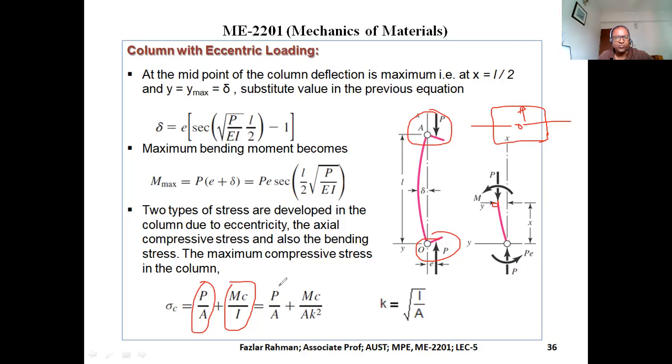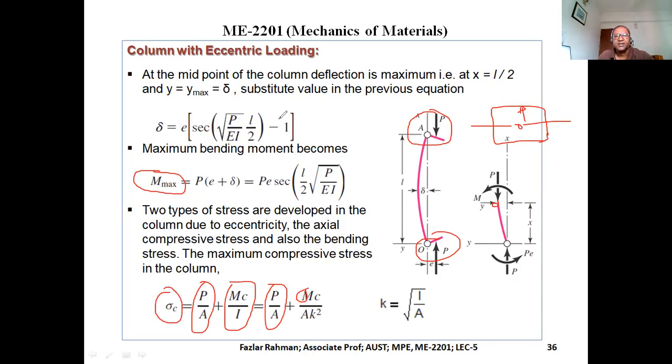So there is a compressive component P by A, and there is a bending component MC over I. And sigma will be maximum when M will be maximum. So where will M be maximum? Obviously at the midpoint of the column. So if we replace this M by M max, we get the maximum stress in the column.